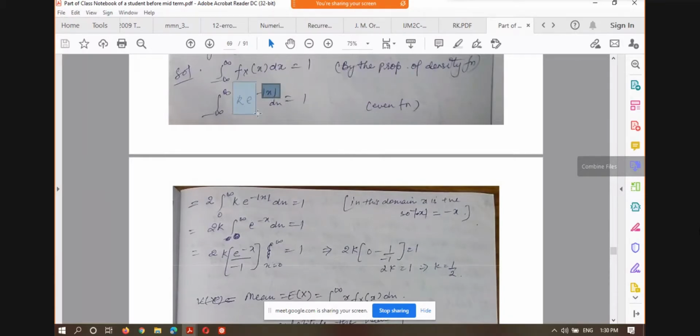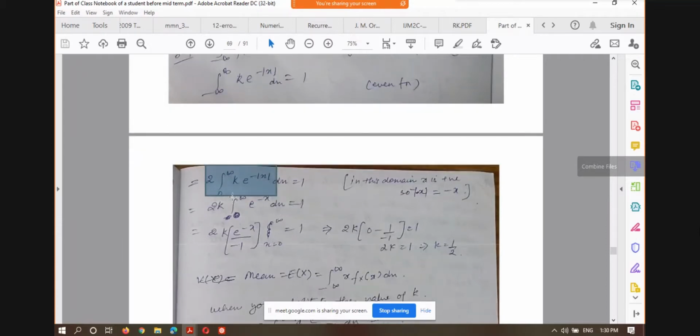So within this domain, this is actually an even function of x, and you can use the property of definite integral. It can be written as 2 times the integral from 0 to infinity of k e raised to power minus mod x, because this part is an even function of x. So it can be rewritten as in this one. Now since the domain of integration is 0 to plus infinity, in this domain mod x has the definition x.